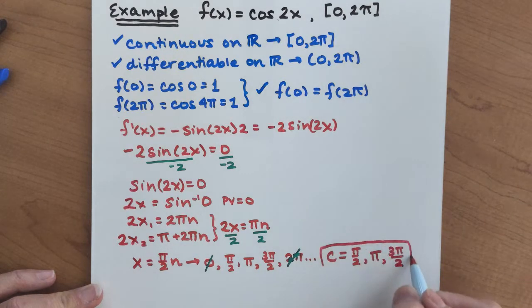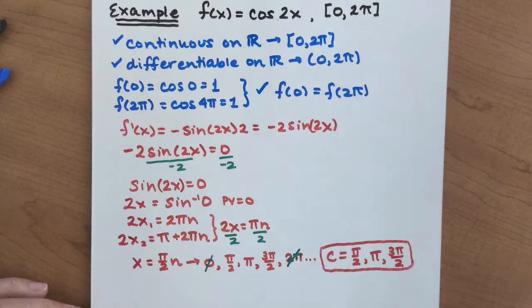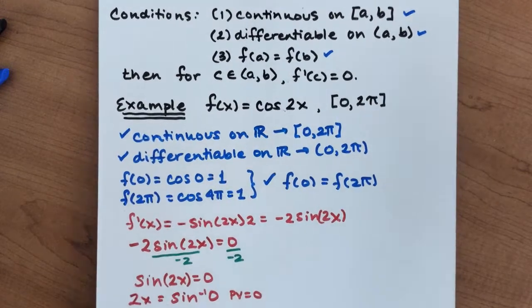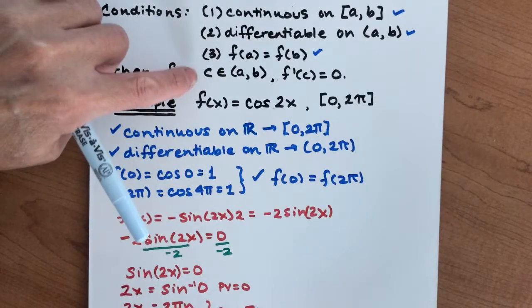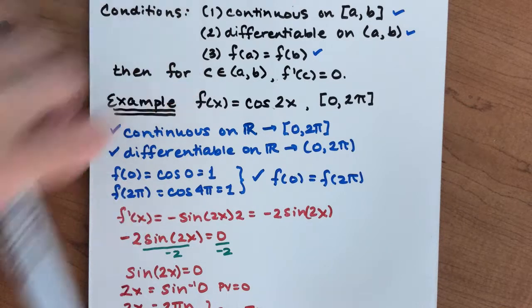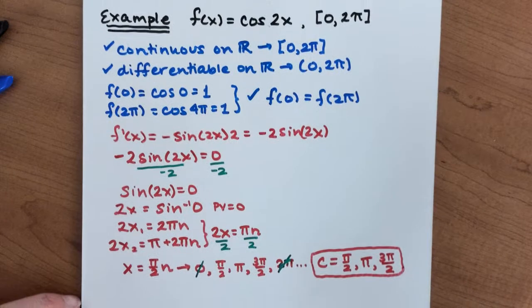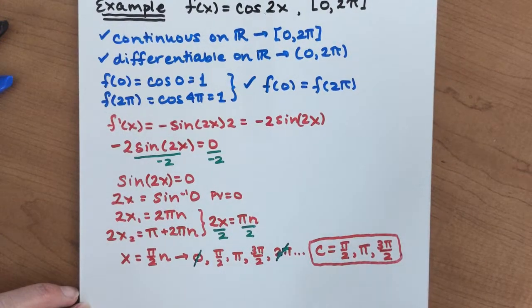C is often a variable that's used in textbooks to identify the value that we're talking about. If you recall in the definition up here, I said for some c value, it's just a variable, between A and B, the derivative at c is 0. Okay, so we have our c values.